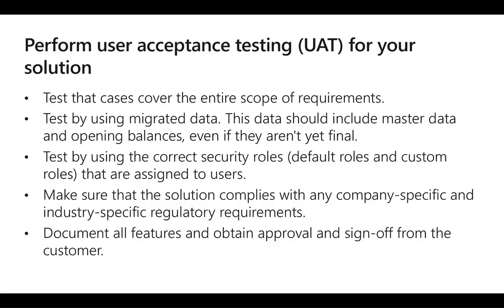During the UAT phase, we need to test all the business processes that we have implemented and any customizations that we have made in a sandbox or standard acceptance test environment in the implementation project. To help ensure a successful go-live, we should consider the following as we complete the UAT phase. Test that cases cover the entire scope of requirements. Test by using migrated data.